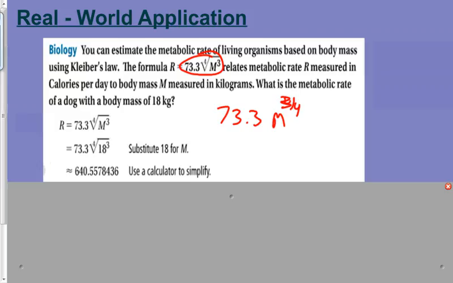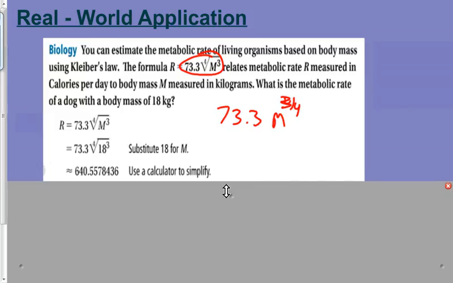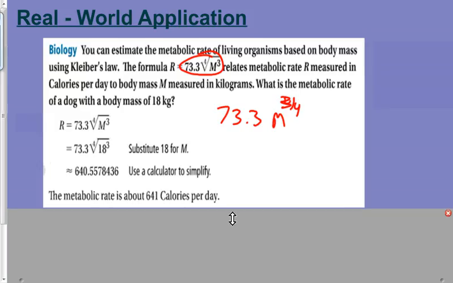If you don't know what a metabolic rate is, it just tells you how many calories you burn, or how fast you burn calories, I should say. So, there you go. All right, so calories per day to body mass. So, the metabolic rate would be about 641 calories per day for this dog, just based on his weight.